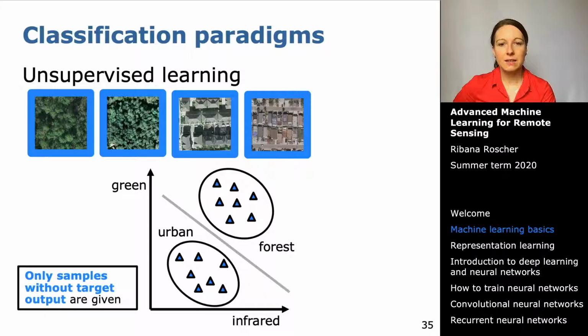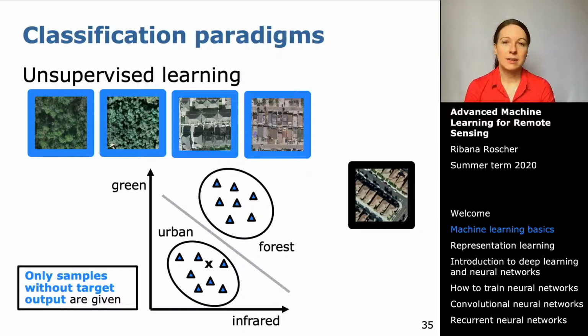If you integrate further domain knowledge afterwards, you can assign this cluster a class, but this domain knowledge is not used beforehand. Again, if you have given a test sample, you can assign the test sample to one cluster. And if you have the integrated domain knowledge, you also know that this test sample will belong to the class urban.